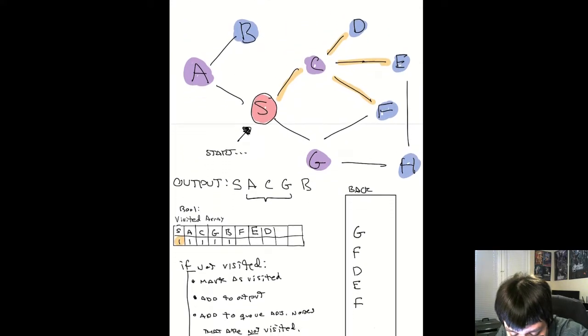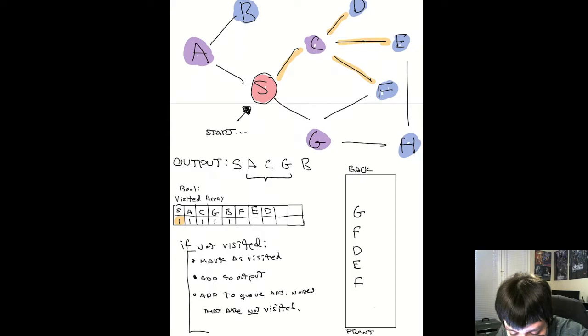Oh, I think it's because I added G. I didn't mean to add G, because I was at G. I meant to add H. That was the mistake I made. I meant to add F and H. So when I got to G, you were supposed to add S, F, and H, but S is already visited, so you just add F and H. So I added F and G for some reason.